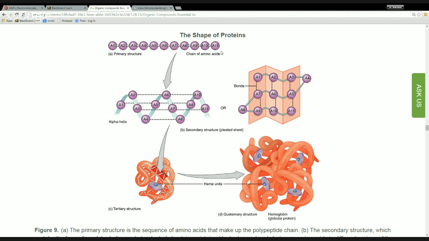The order that amino acids are found in any particular protein is established by your genetic information, but here they're just sort of generically numbered. And it's showing how that single straight line of peptide bonded amino acids can end up taking on different shapes because of how they interact together.